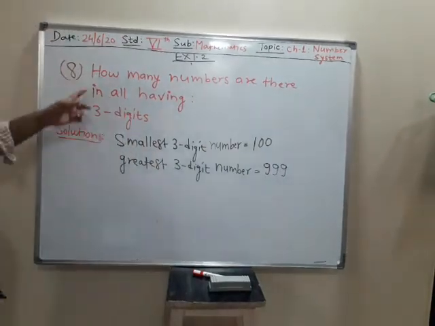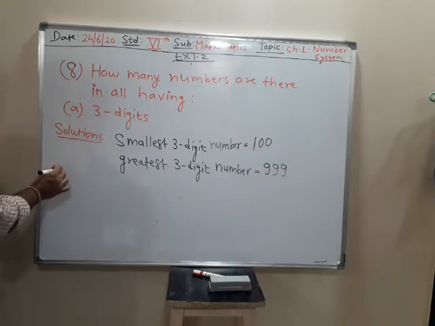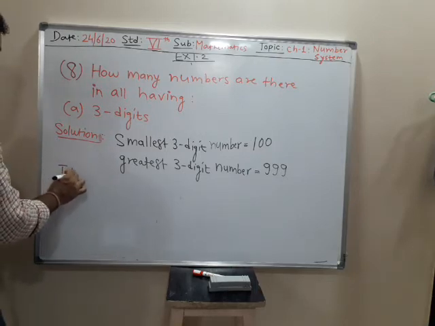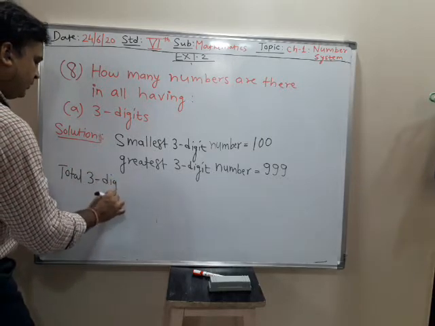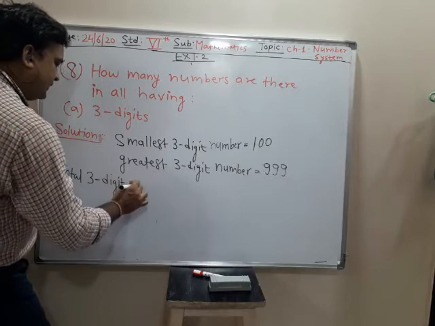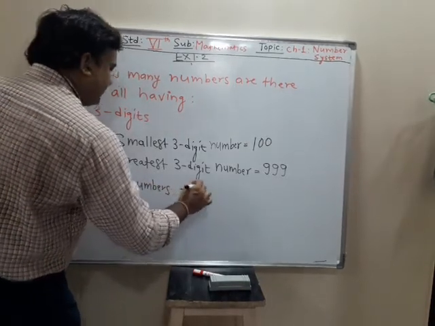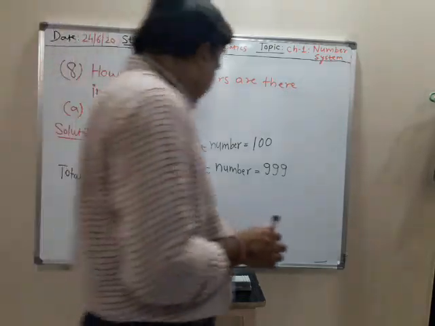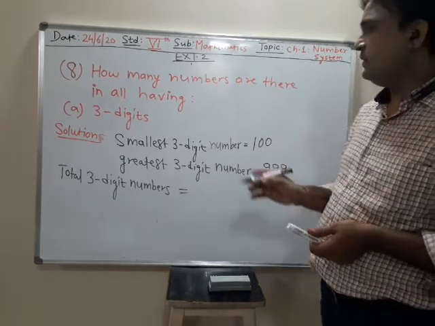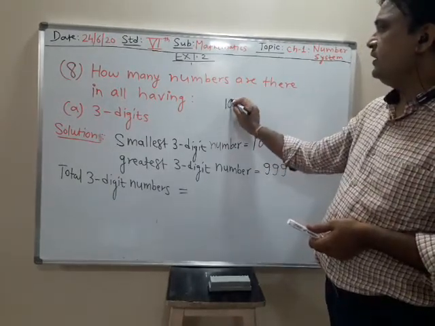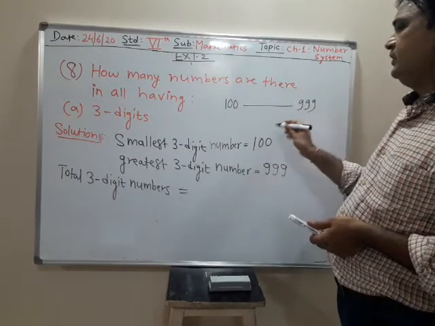Now it is asked, total how many numbers are there. So we write total 3-digit numbers. The question is, total how many 3-digit numbers are there? 100 is my lowest and 999 is my greatest.